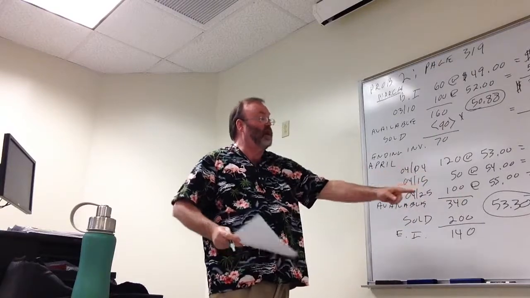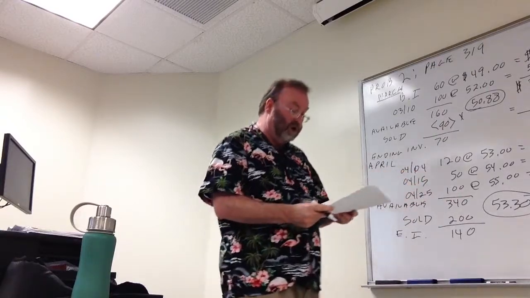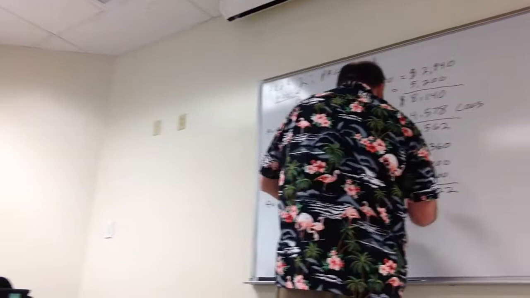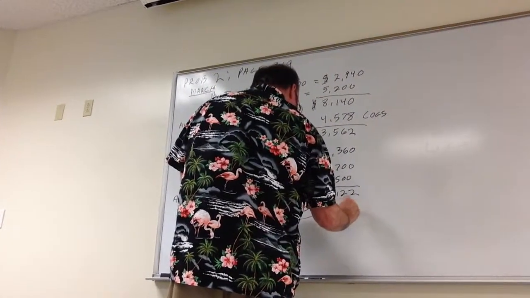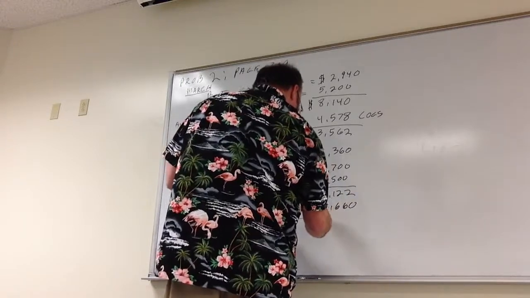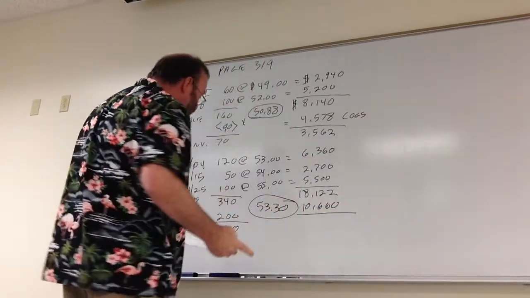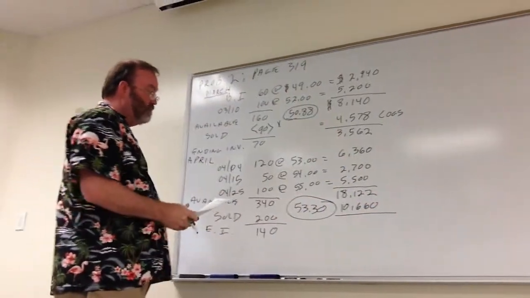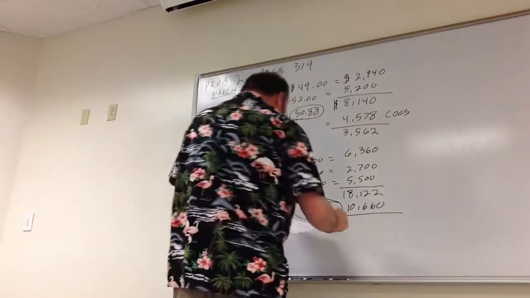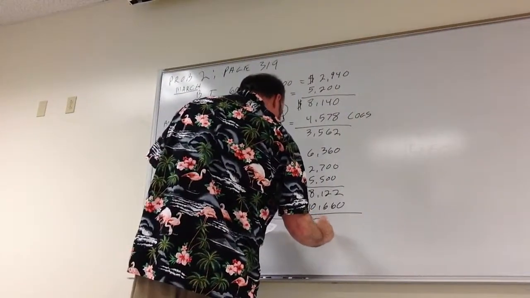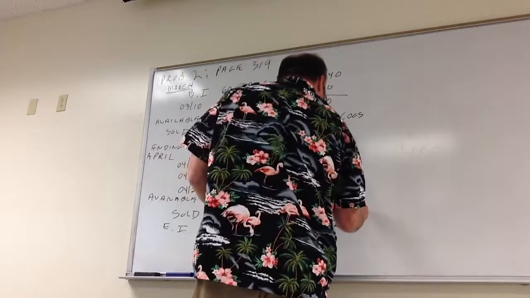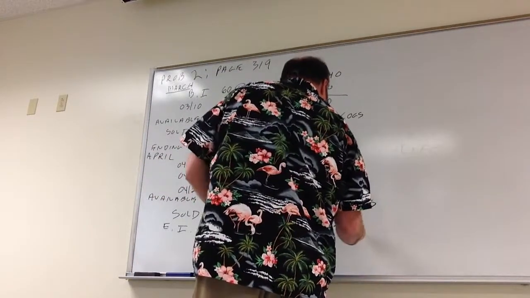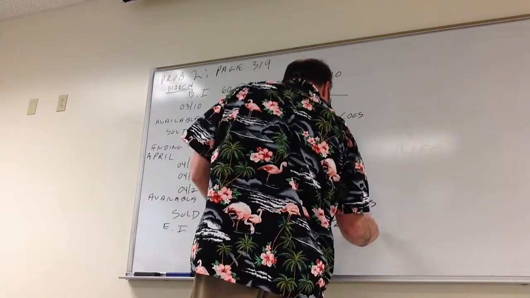Multiply the $53.30 times the 200 units, you will get cost of goods sold of $10,660. If you multiply the 140 units times the $53.30, you get ending inventory of $7,462. So this is cost of goods sold, and this is ending inventory.